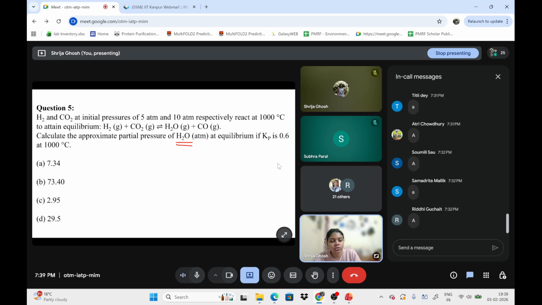Nobody knows how to solve it? Okay, I am getting answers now. Option C. 3 people are saying option C, 2.95. Okay. What about others? It's okay if you can't solve it. I'll discuss the solution.